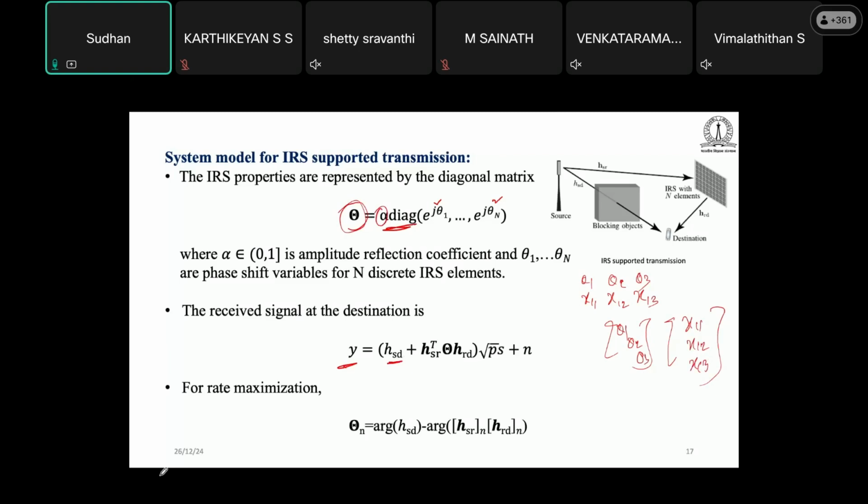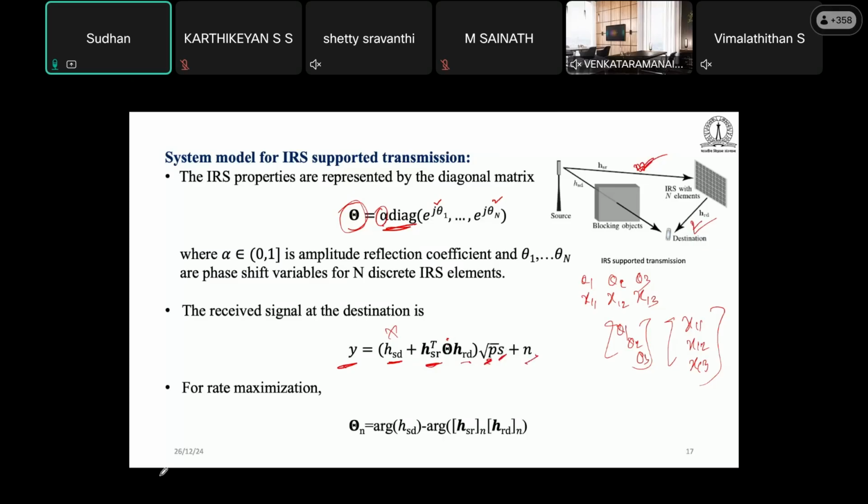If anyone thinks there is no direct link, you can remove this h_SD. And as I said, there are two paths, a cascaded path: this is the multipath, and this is another path. That's why a matrix with amplitude and phase is multiplied with h_SR and h_RD. This is the transmitted power, constant for all, this is the transmitted signal, and this is the noise.